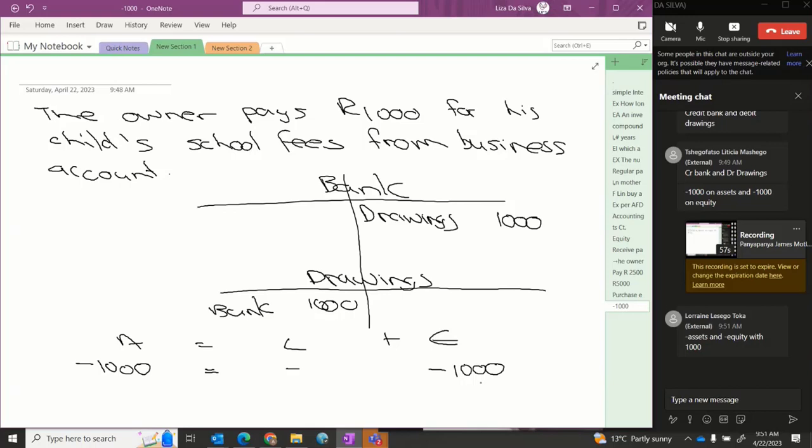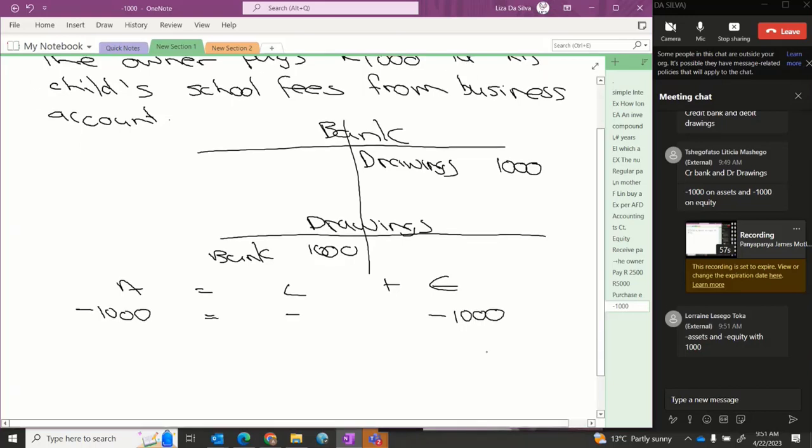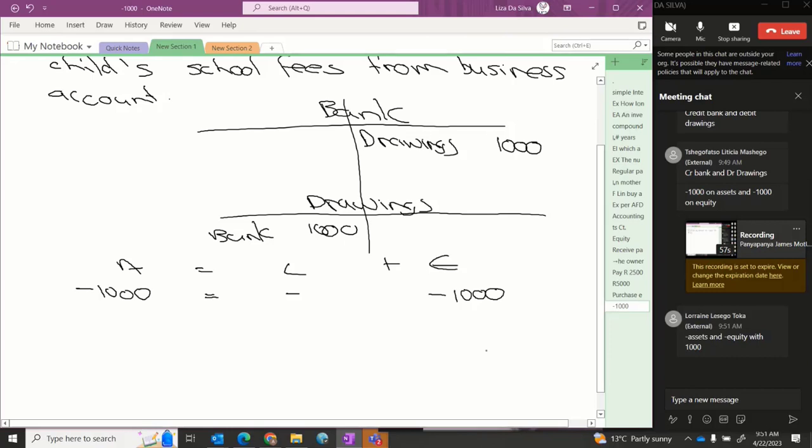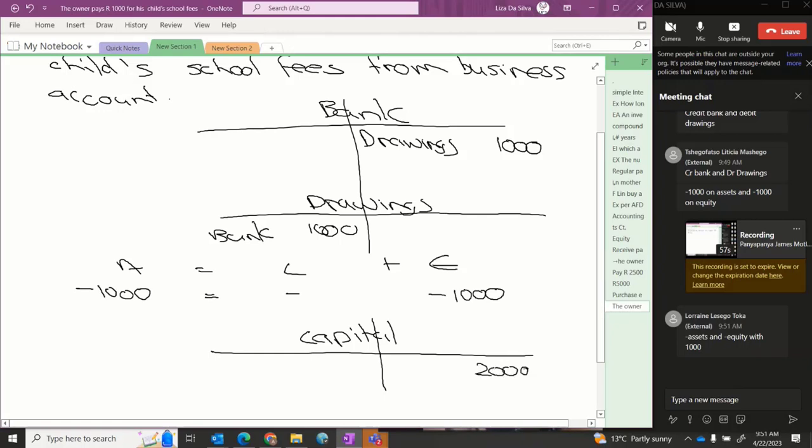Towards the end, when you balance your accounts, you're going to take the drawings to capital. Say we started off your business with 20,000. Then that drawings will be on the debit side of capital. That's why drawings is a debit.